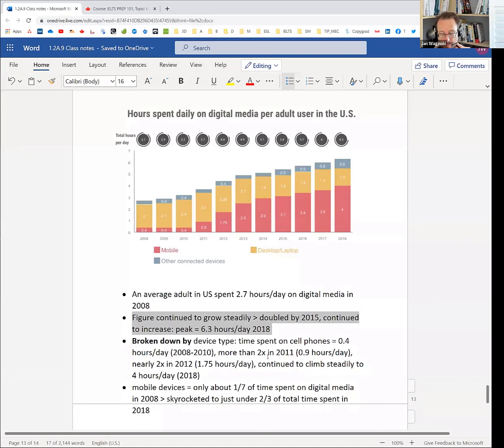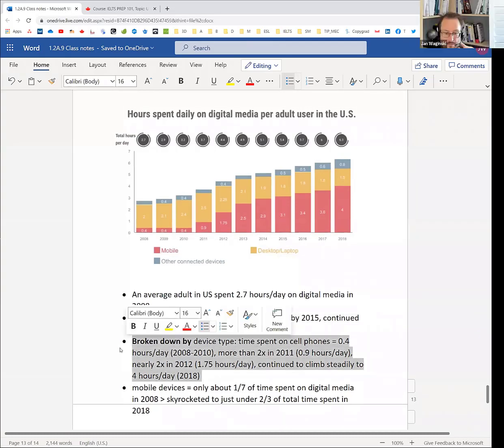Just at 6.3 hours per day. Good. This figure continued to grow steadily, doubling by 2015, and continued to increase until it reached its peak of 6.3 hours per day in 2018. Okay, continue.